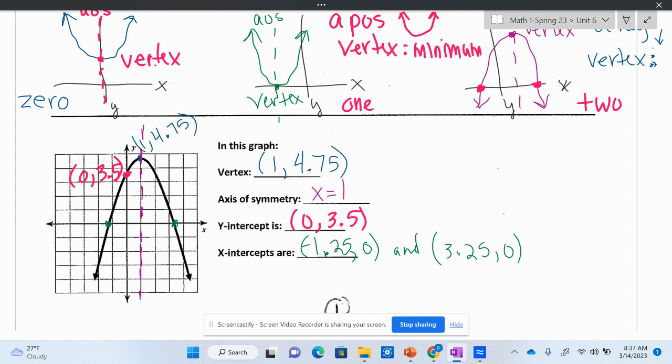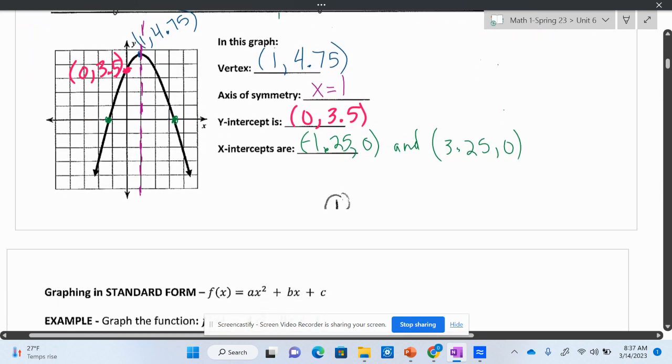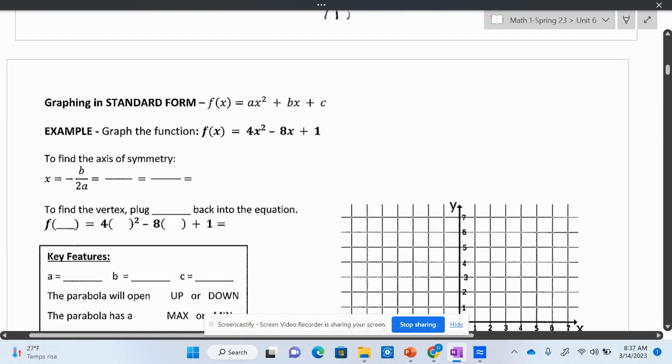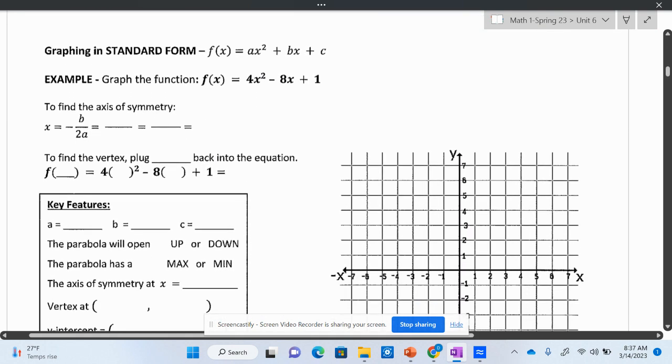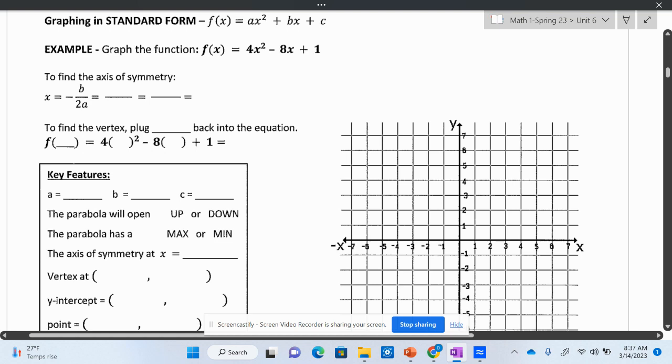So we are going to do this first one manually. And then we're going to do the second one where it says you try using Desmos, because I want you to see how beneficial Desmos graphing is for you, okay? So if you flip your page over, we have an equation written in standard form.